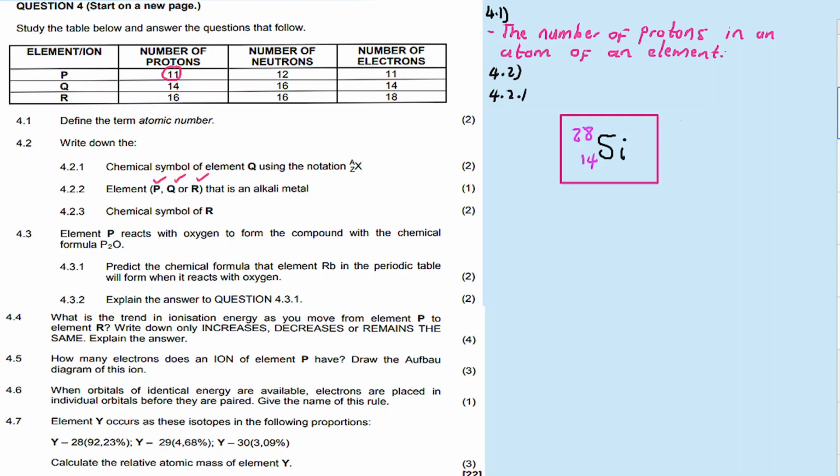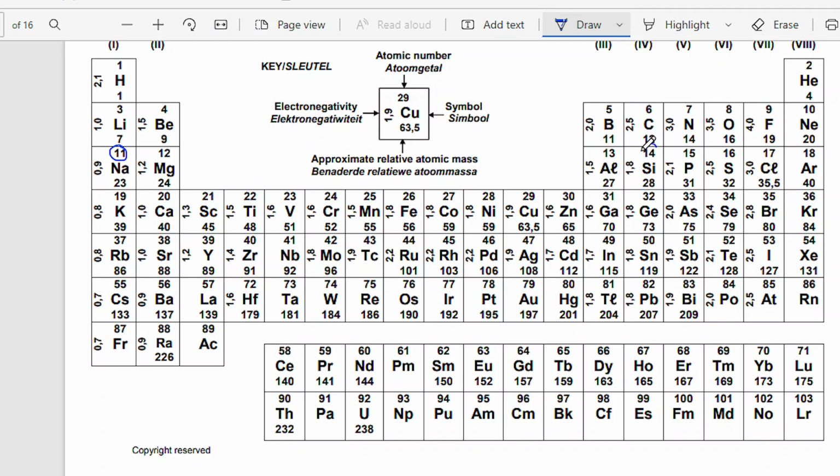So group 1, the elements in group 1, are examples of alkali metals. So we don't go anywhere further, let's just say our element P is our alkali metal. And then Q, just for curiosity's sake, element 14 here is silicon. This is definitely not an alkali metal.